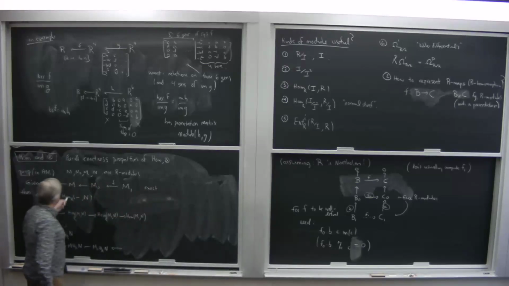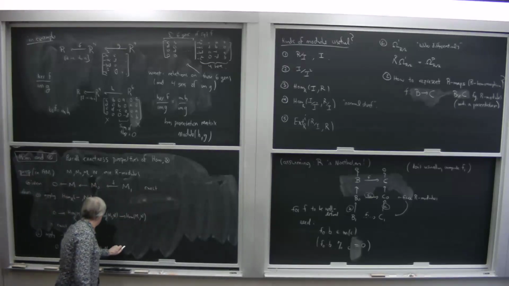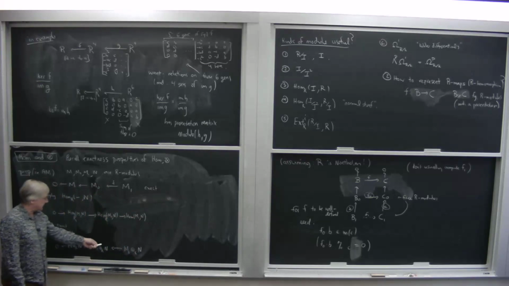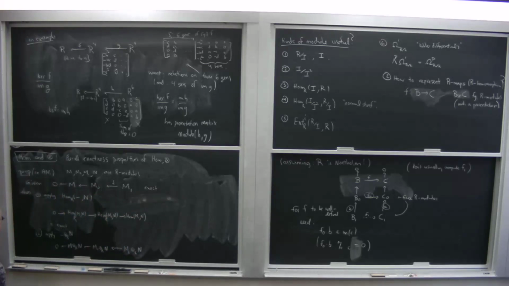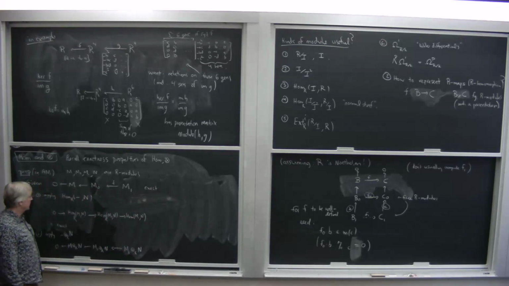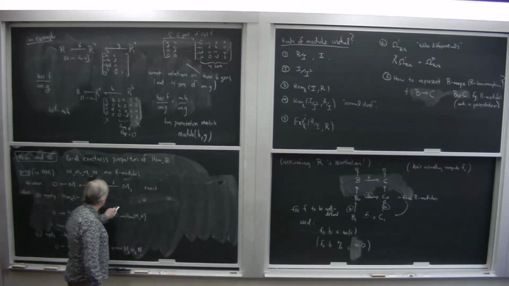So if I'm just applying N, I get M1 tensor over R of N. And these are just the induced maps, F tensor the identity on N, basically. And these are also induced maps. So I guess I would call this Hom of F comma N here.